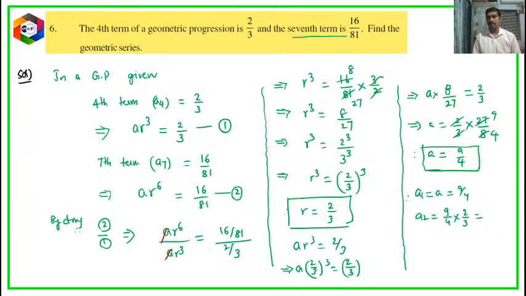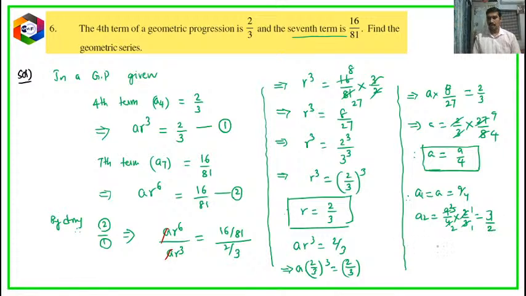which is, 2 2s are 4, 3 3s are 9, so the value will be equal to 3 by 2.